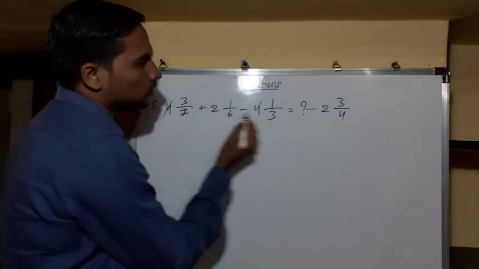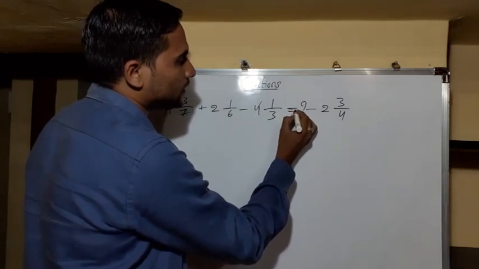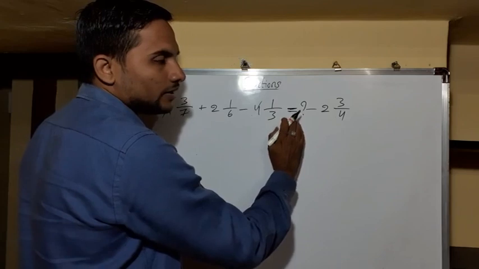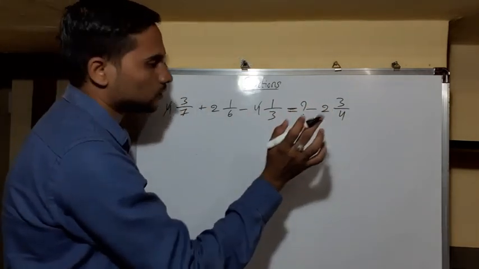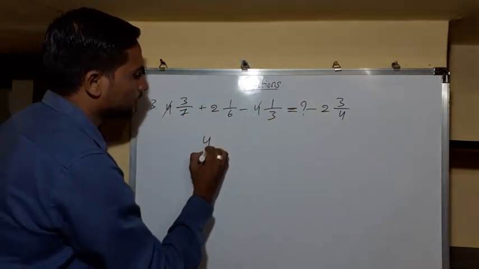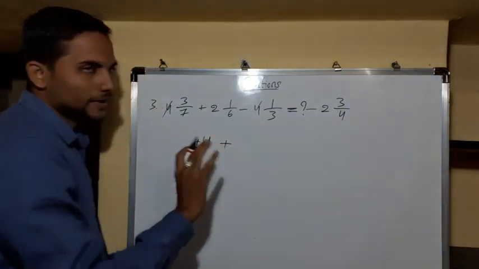This is plus 2, this is minus 2. Friends, see here, in between them there is an equal to sign, right? This minus 2 is in the RHS side. When you bring this term to the LHS side, it will become plus 2, right? So this plus 2, this plus 2, it will be plus 4, right? Plus 4. So now first bracket is simplified.